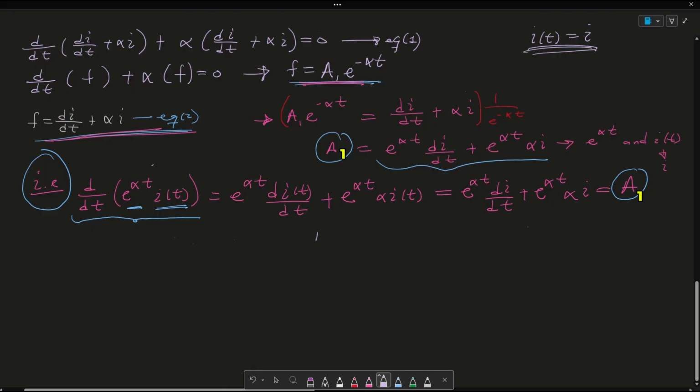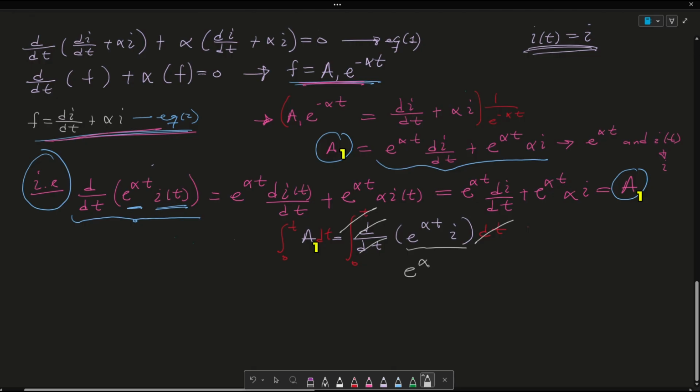So now let's wrap this up. So a is equal to d over dt of e to the alpha t I of t, or simply just I. What I can do is take the integral from 0 to t dt of both sides. On my right hand side, this integral cancels out with this derivative. So then I'm going to write this term on the left hand side now.